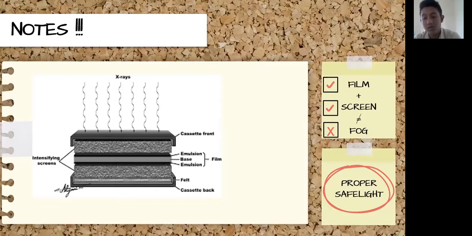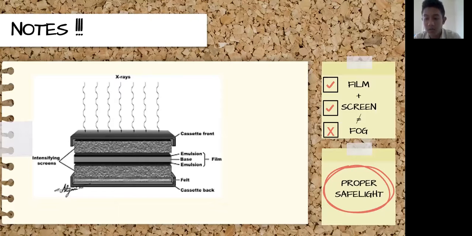And then to sum up this presentation, we can say that film is a medium to transfer the information from the patient to the radiologist, and screen has been produced to make the examination more efficient. So the screen film or film screen system is the type of film that is used with radiographic intensifying screens.